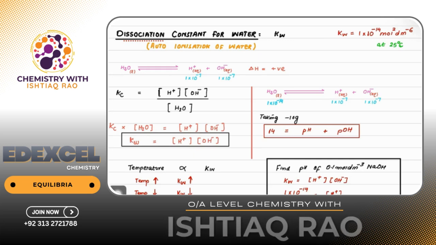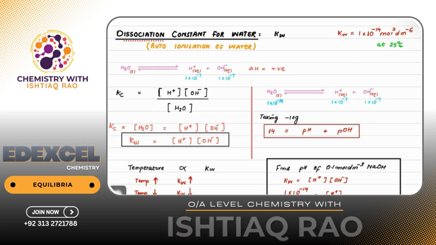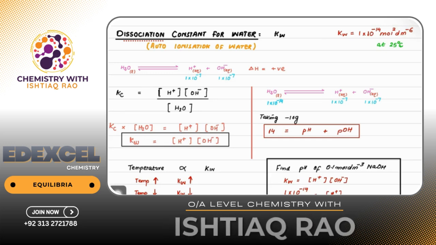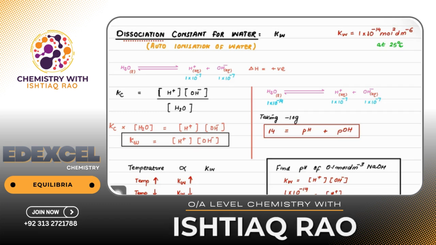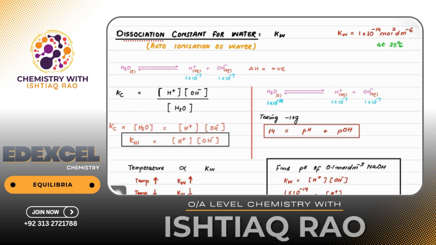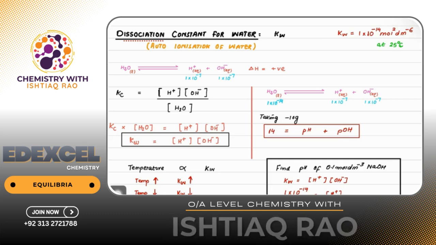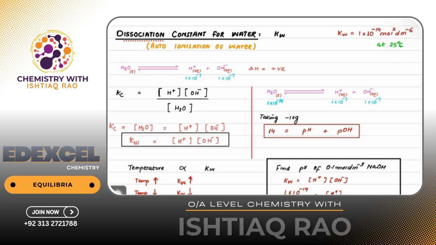It's all about the temperature. It's a temperature dependent value. That's the concept that we need to know. On the basis of the question, we can determine whether we should apply this concept or not.